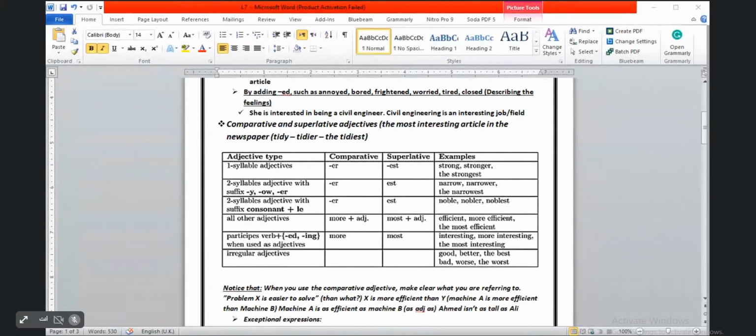Now compare it to the others, like than the others or than other matches. Is that what you mean? So you are comparing your feelings about this match to other matches. Is that correct, Hamza? No. Okay, Hamza. Let's ask someone else.